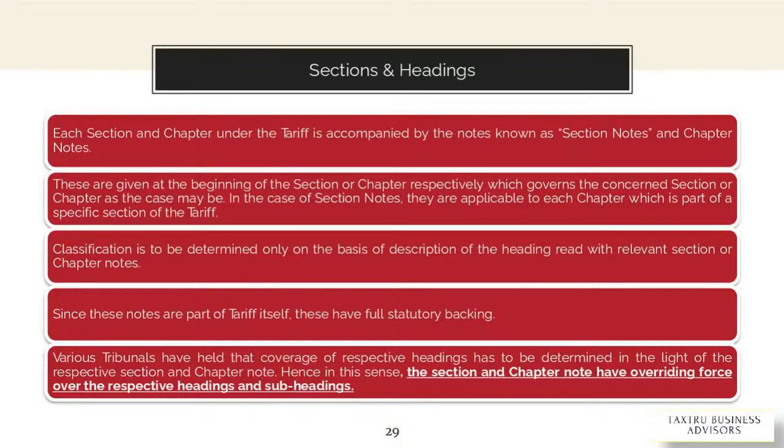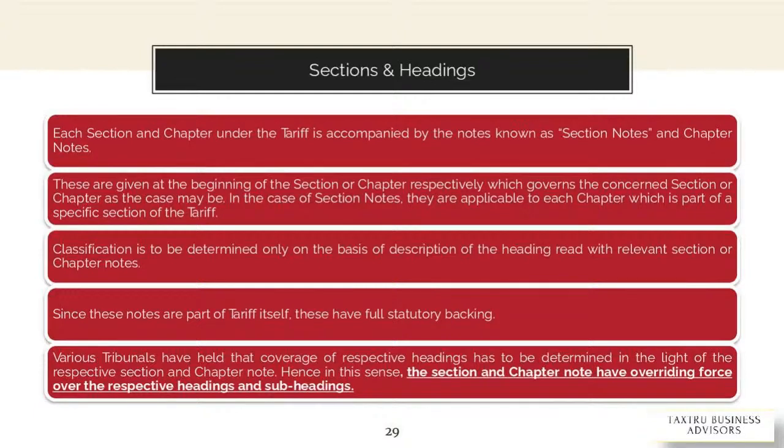So these section and chapter notes have overriding force over the respective heading and subheading. Whatever is written in your heading or subheading, if it is specifically carved out by the chapter note, then you cannot classify that product in that subheading.